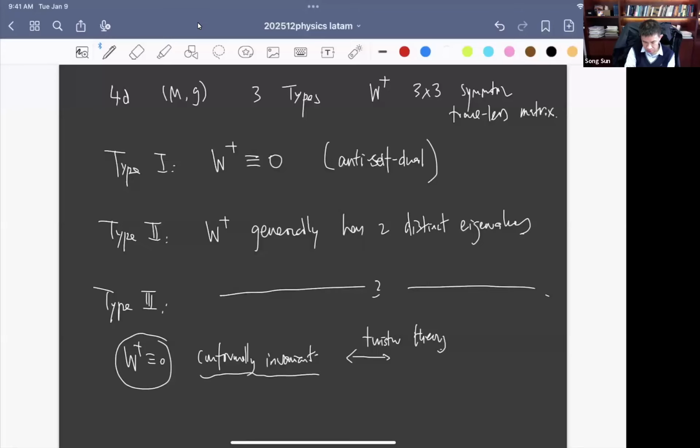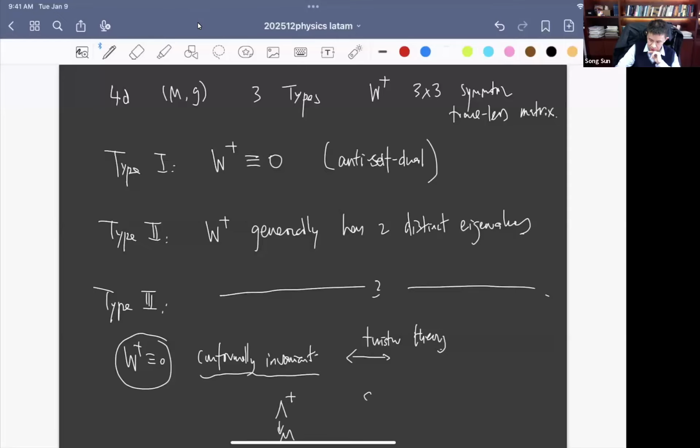There was a lot of study of this, and this condition can be characterized as a complex geometry condition. It's not very much related to the main topic, but since we have 2 more minutes, let's say a little bit more. If you have any four-manifold, we have lambda plus, a three-dimensional real vector bundle.